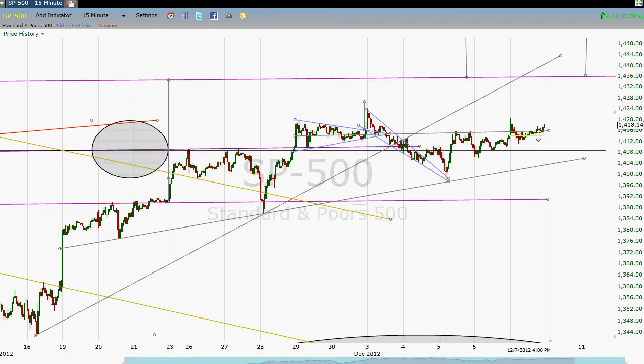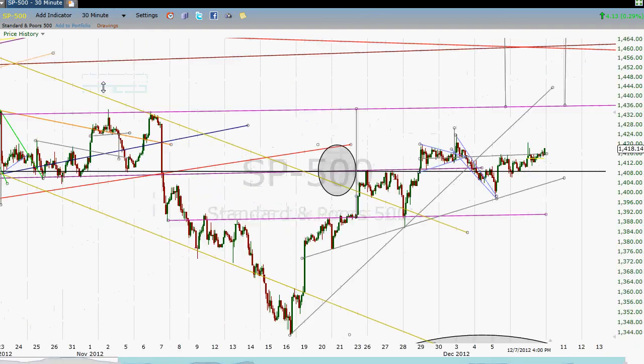And while we're in the middle, having come up from this level, I think logic would dictate that the next move is to test this line up here around 1435, 1436. So let's see if that's what happens coming into this week, the week that starts on December 10th, 2012.